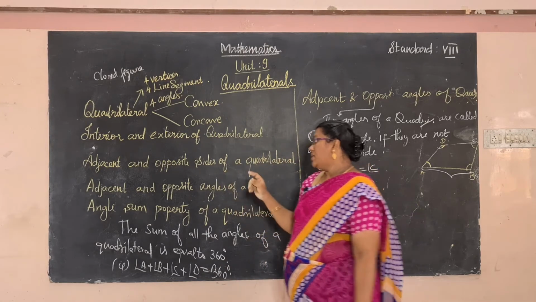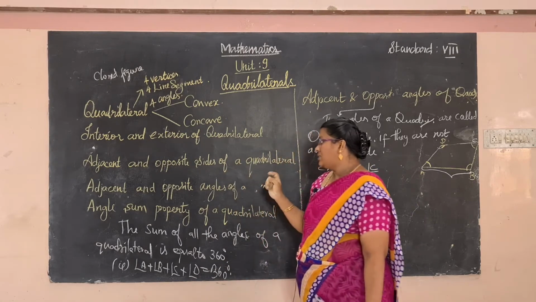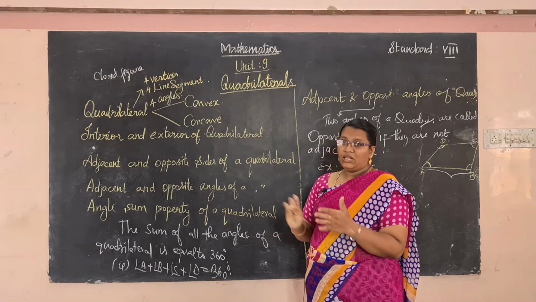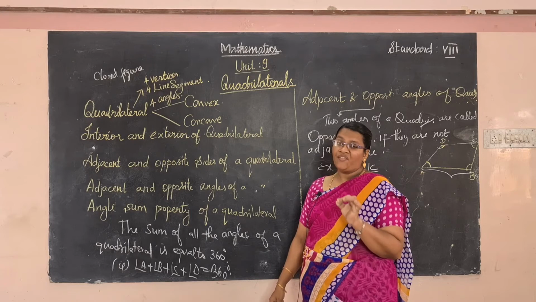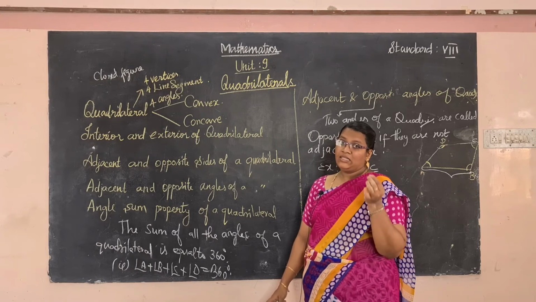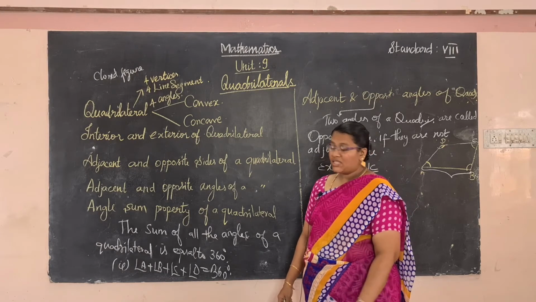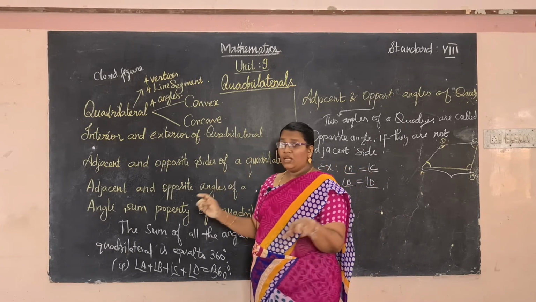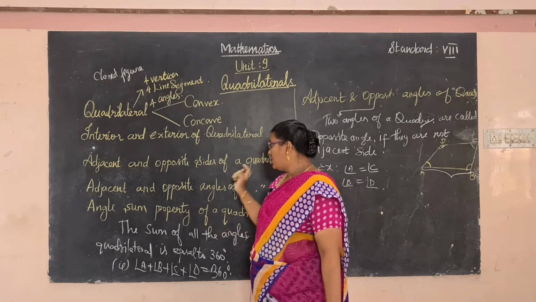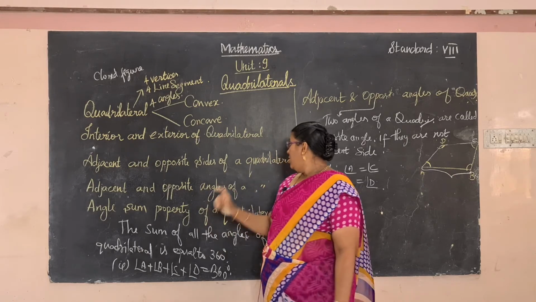And then adjacent and opposite sides of the quadrilateral. Adjacent means next, having the common vertex. The 2 sides having a common vertex are called adjacent sides, and 2 sides having no common vertex are called the opposite sides of the quadrilateral.